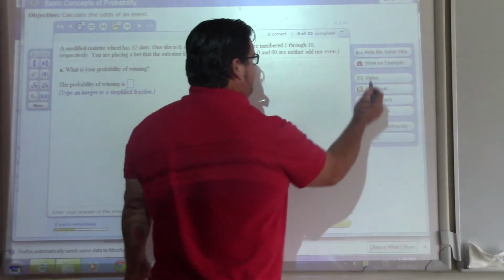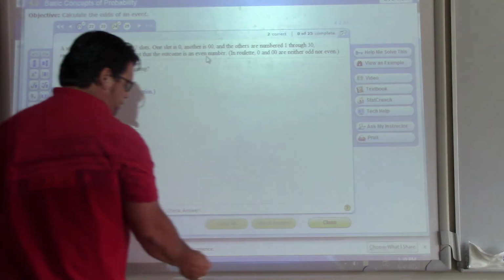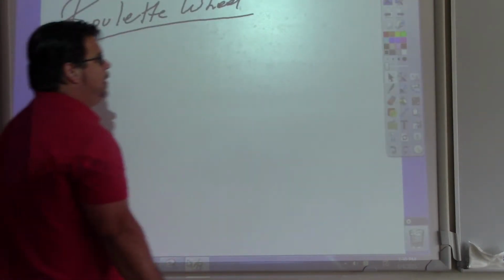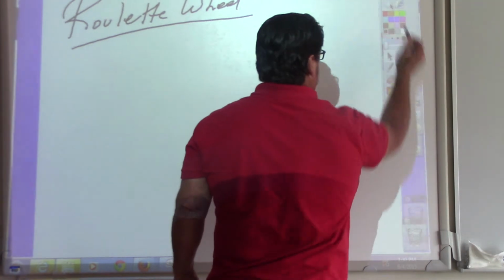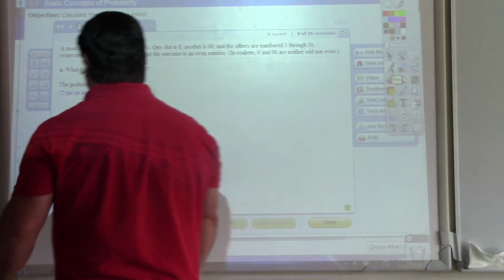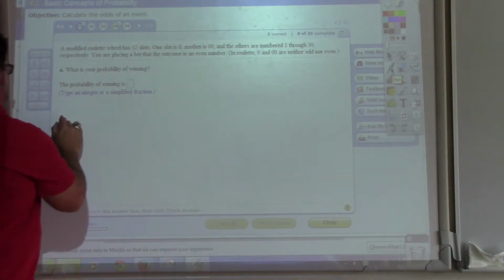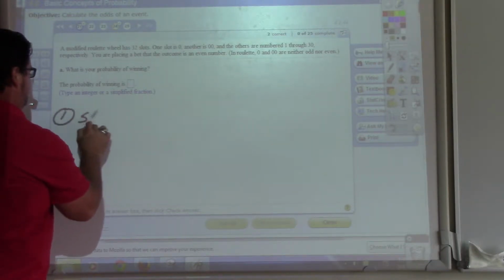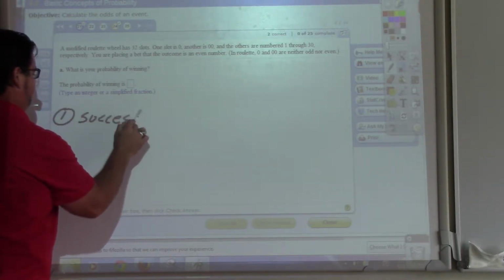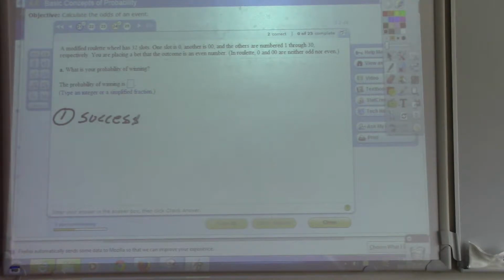Now, there's 2 or 3 things I want to talk about on this problem. The first thing I want to talk about is what is success in this problem? The success would be getting a what? Even number.